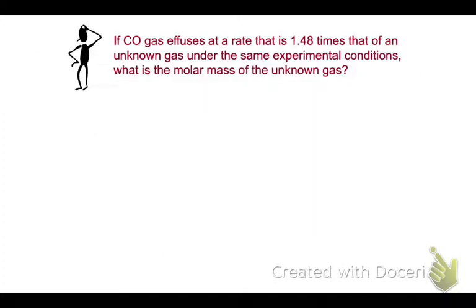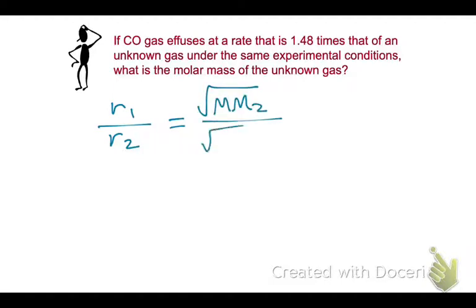Here is an example to apply what we just learned. If carbon monoxide gas effuses at a rate that is 1.48 times that of an unknown gas under the same experimental conditions, what is the molar mass of the unknown gas? Okay, let's see what we have here. We know R1 over R2 equals the square root of molar mass 2 over the square root of molar mass 1. If I call 1 the carbon monoxide gas, then 2 will be the unknown, right?